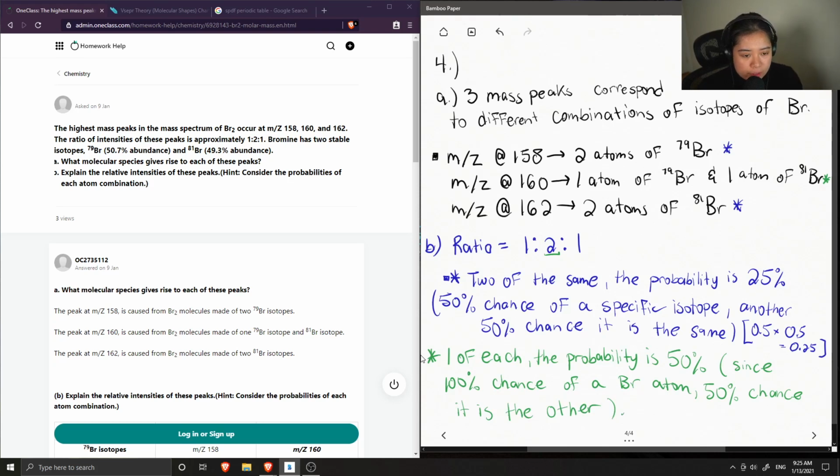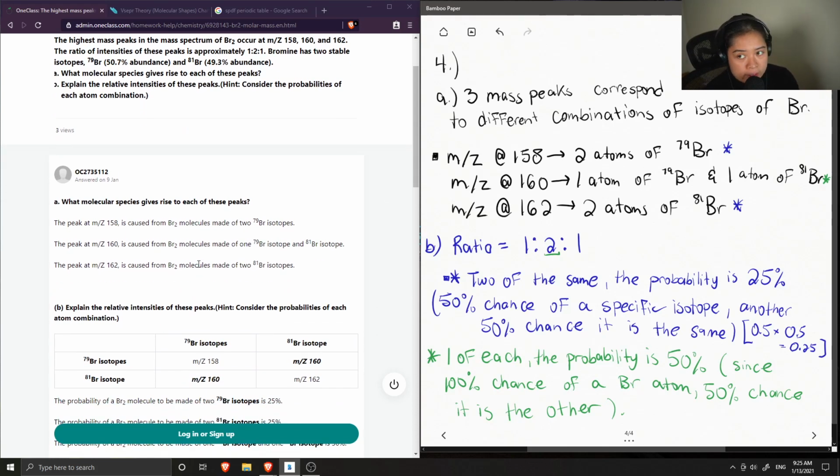So it doesn't matter which one you start with, you still just have a 50% chance that it's the opposite one. So this kind of explains the relative intensities of the peaks, how you can have 1 to 2 to 1.